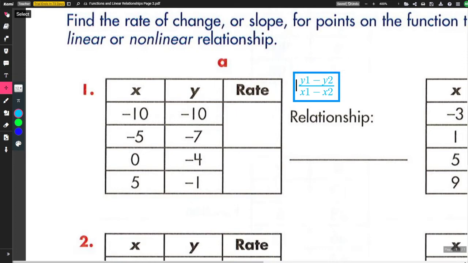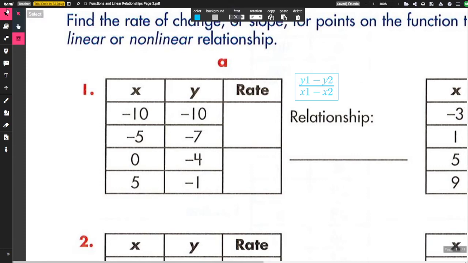I'm actually going to see, will you? No, it's not there. So I'm going to go here to select, and I'm going to copy this. So what I did is I went here to the arrow, clicked on this box, highlighted this, and I'm going to hit copy. I'm going to paste it, move it right here.